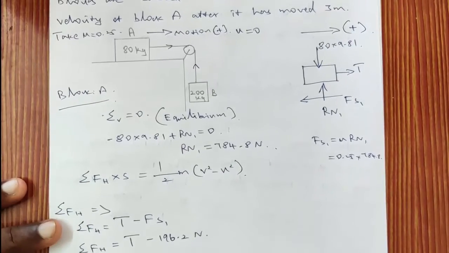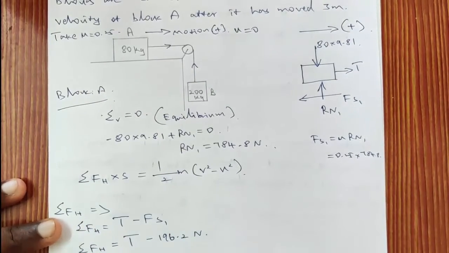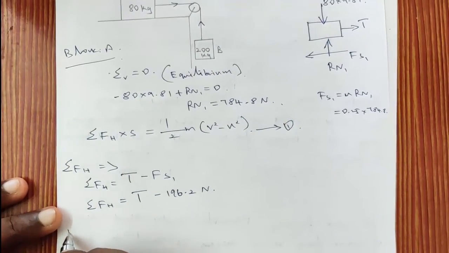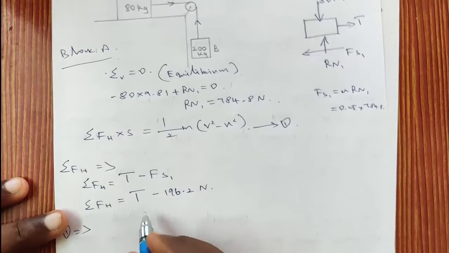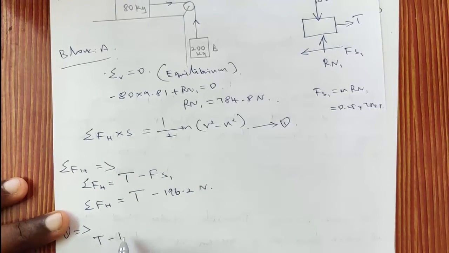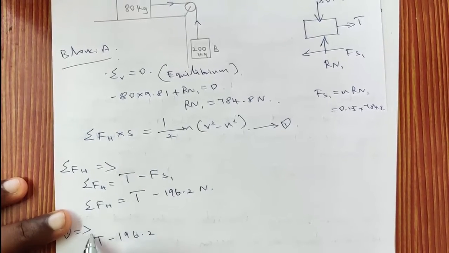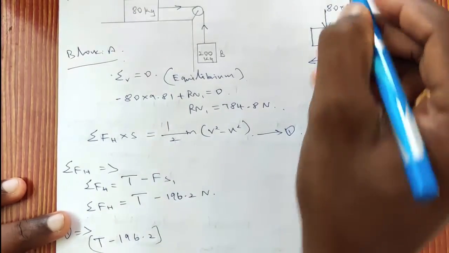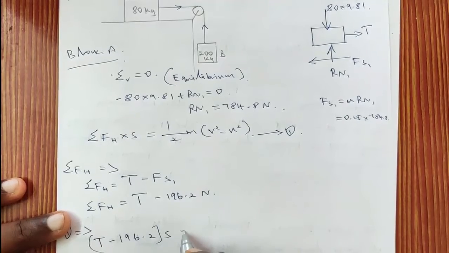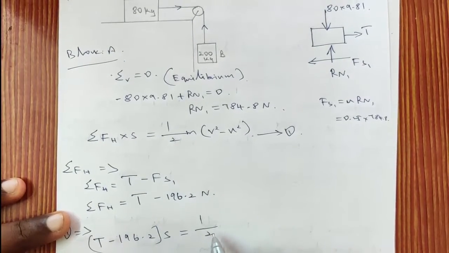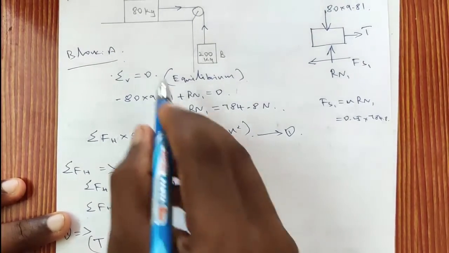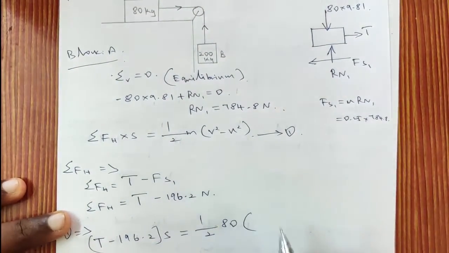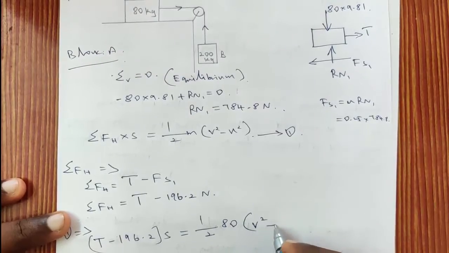Okay, now we'll substitute the summation of Fh in this equation. Consider this as equation 1. Now equation 1 becomes (T minus 196.2) into S. The S is given in the problem, it is 3 meter. So it is S is equal to half m, the mass of the block A is given, it is 80, (v square minus u square), v being the final velocity.